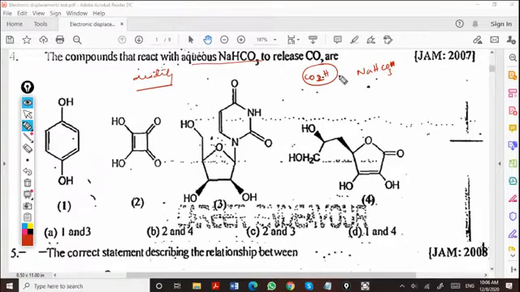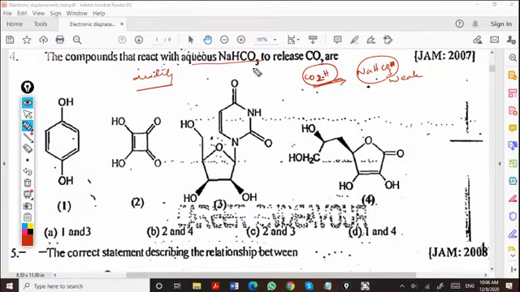This is the logic: bicarbonate is a weak base, so if a weak base must be reacted, it must react with a strong acid. Among these, it is asking which is the strong acid.